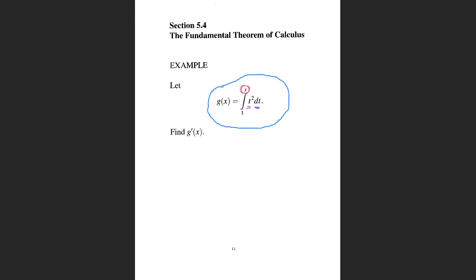So okay, we're going to take the derivative. We're going to find g prime of x, and let me show you how to do this. So g of x is equal to the integral from 1 to x of t squared dt. So by the evaluation theorem, we're going to find the antiderivative of t squared, which we know is t cubed over 3.